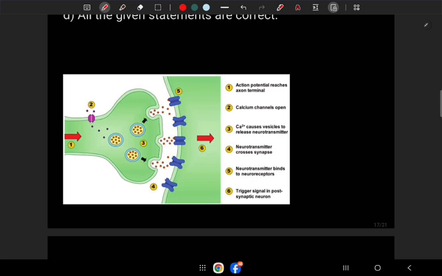Calcium causes the vesicle to release neurotransmitter into the synaptic cleft. Neurotransmitter crosses the synapse and binds to the neuroreceptor. This blue colored neuroreceptor is present in the postsynaptic neuron. Now it triggers a signal in the postsynaptic neuron, then transfers to the next synapse.